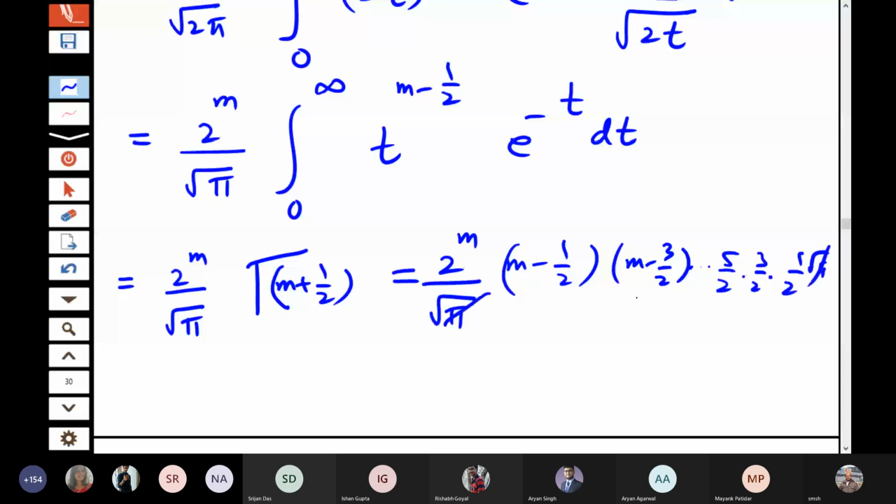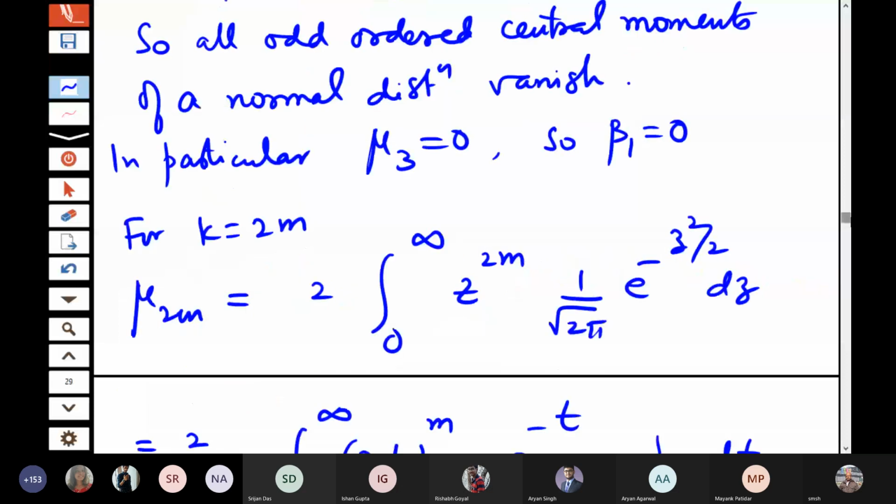So this cancels out, which you can simplify as 2m minus 1, 2m minus 3 and so on, 5, 3, 1. So mu 2m is this into sigma to the power 2m, because we had put expectation of x minus mu by sigma to the power k.